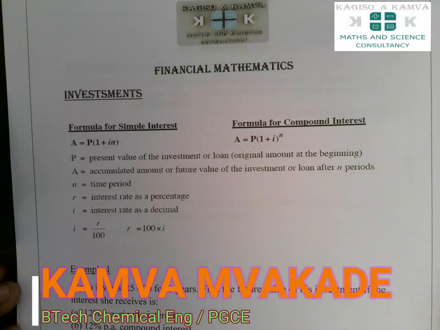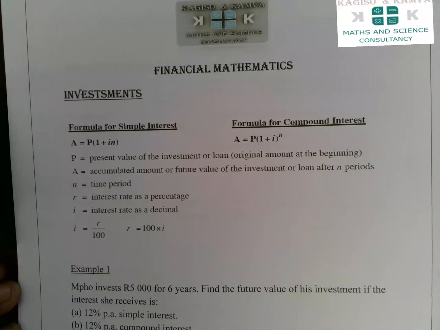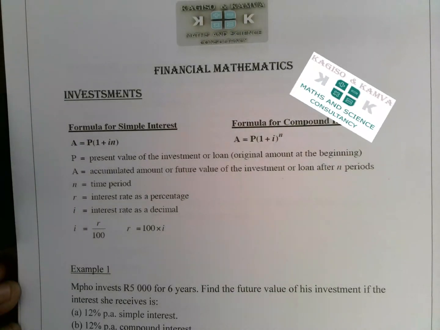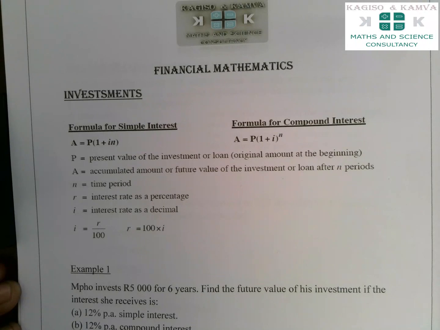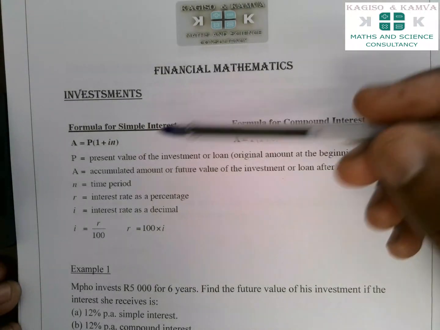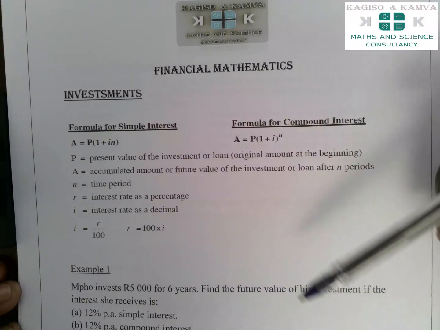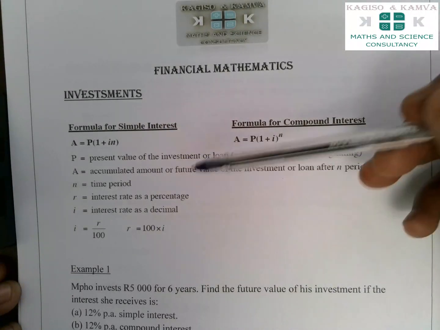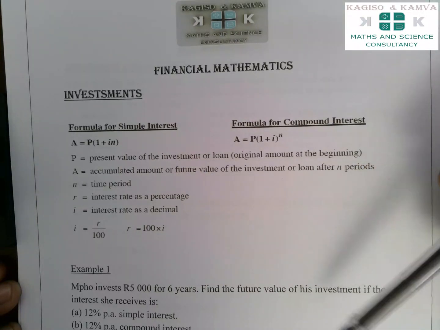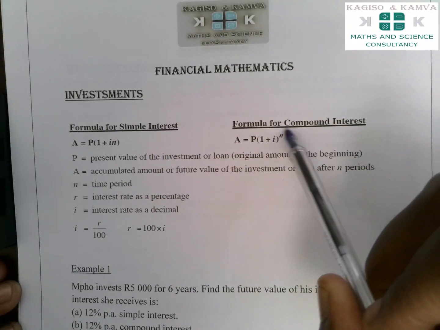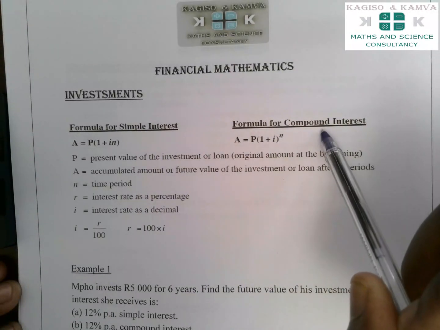Today we are going to be doing financial mathematics, and we are going to take it back to grade 10 and grade 11. We were taught about investments in grade 10 and 11, and we know that once we invest money, we can get interest in the form of simple interest or compound interest.